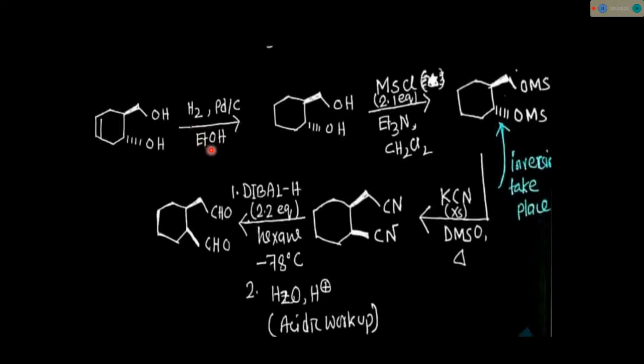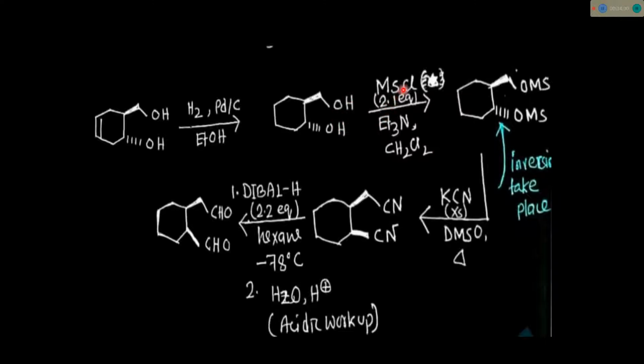This we all know, hydrogen with palladium carbon is just hydrogenation. Now MsCl, methyl sulfonyl chloride, used in 2.1 equivalents. It is just like tosyl chloride. A base is there, and this base abstracts the hydrogen of these two OH groups.